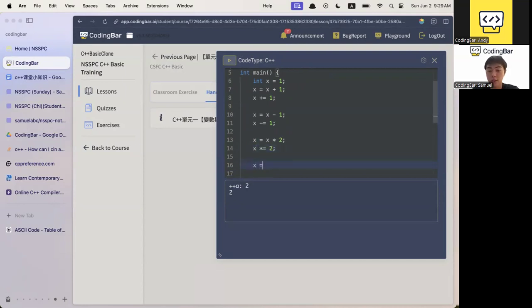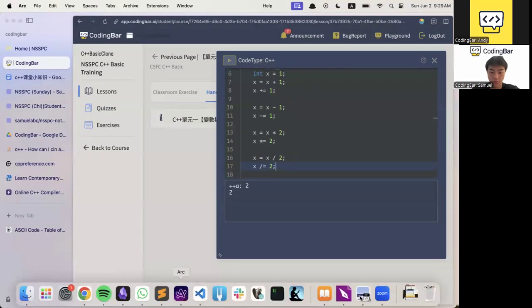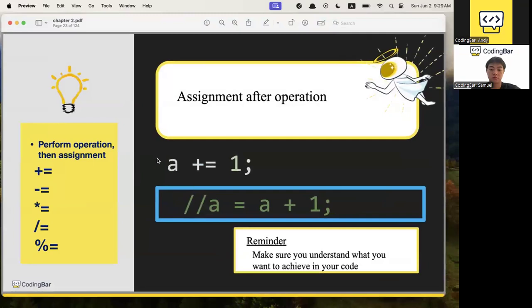Same for division. x equal x divided by 2 is the same as x /= 2. So this is the short form. The bottom part is the short form of the upper part. Okay, so these are all the supported short forms: plus equal, minus equal, times equal, divided equal, and remainder equal.